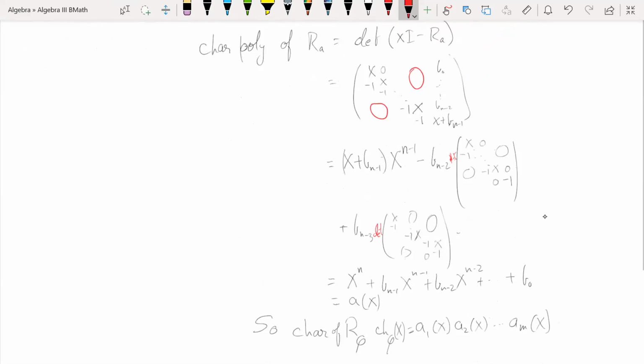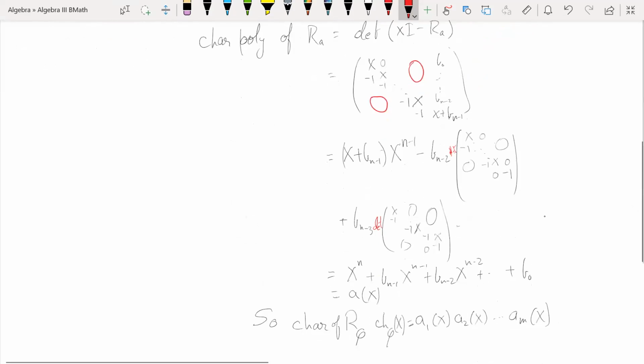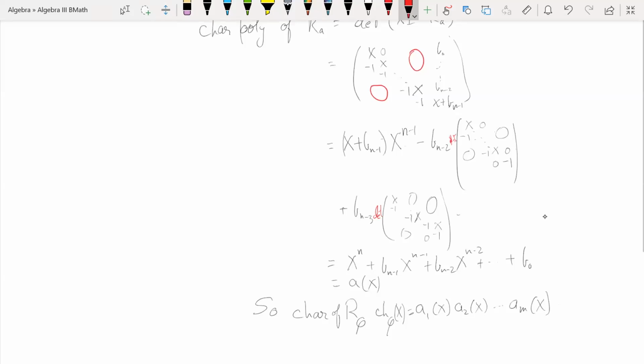So I've done b_{n-3} as well, and you can see what you get is somewhat different. Here, for instance, there was only one entry, so it didn't matter. This is always a lower triangular matrix, and then you get a second block like this.